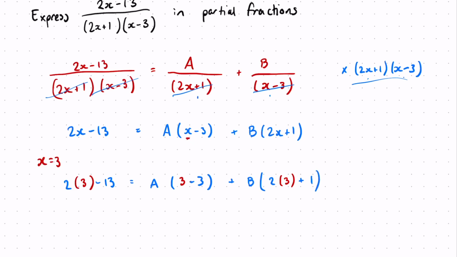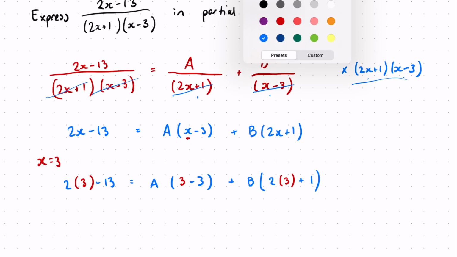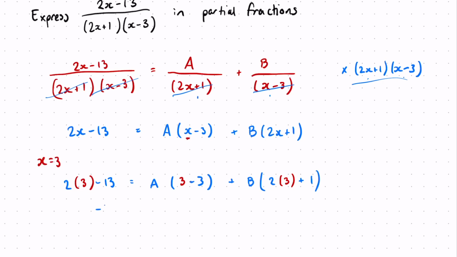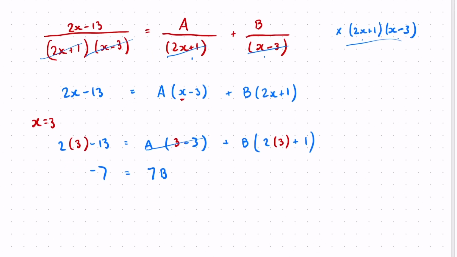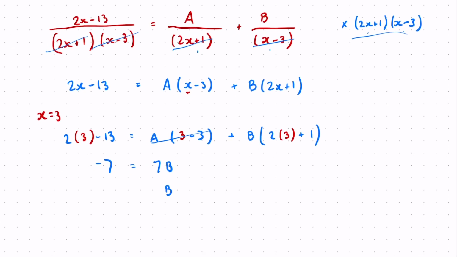And then that will become 2 lots of 3 minus 13 is minus 7. A times (3 minus 3) becomes 0. That disappears. And then b times (2 times 3 plus 1) is 7b, giving me a b value of minus 1. So my b is minus 1.